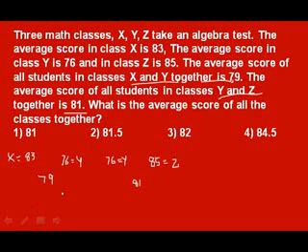So what I have to do is simply find the ratio. So what will be X ratio Y? That would be 79 minus 76, that is 3 here, and 83 minus 79, that is 4 here. So again, what would be Y ratio Z?